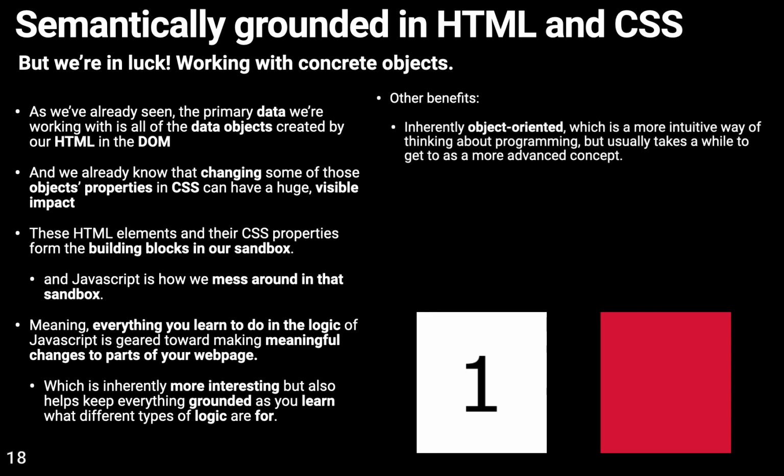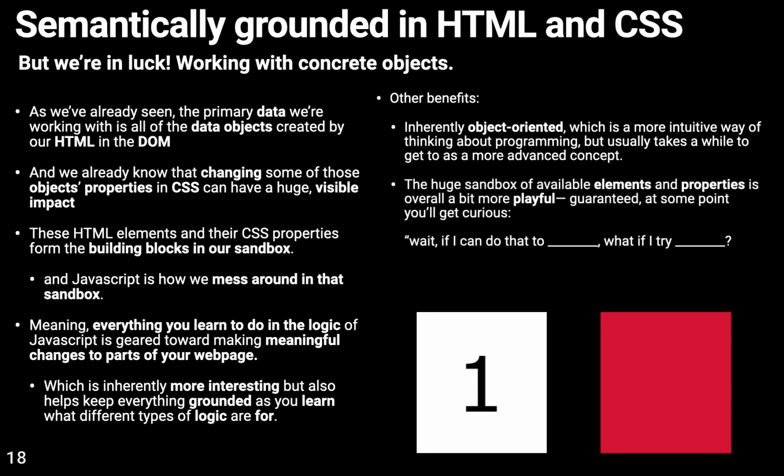Other benefits, it's inherently object-oriented, which is a more intuitive way to think about programming in general, but it takes you a while to get there in most of these languages because it's not front foremost, right? And it makes a certain kind of sense. You're trying to build up to objects. But here, we kind of started with them. So that's just a general benefit. You'll see why gradually, I think, as we continue.